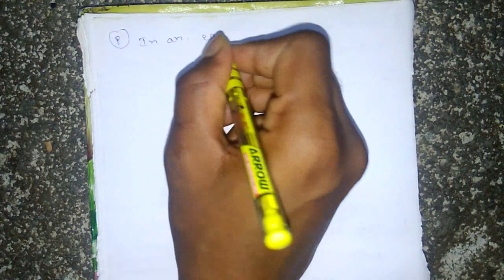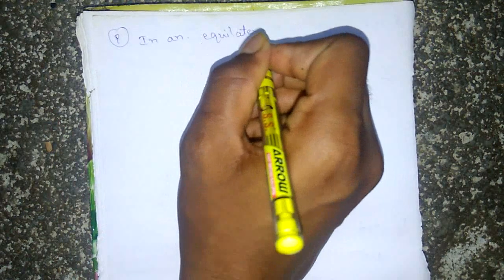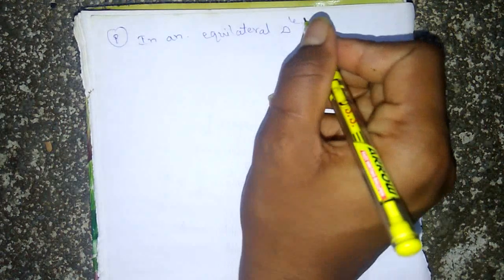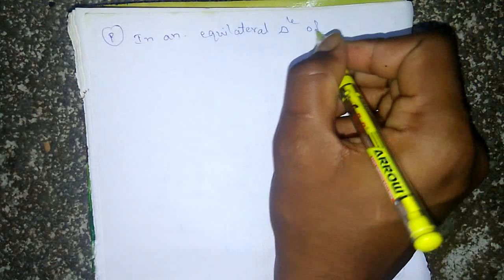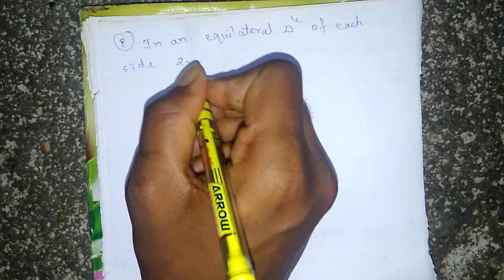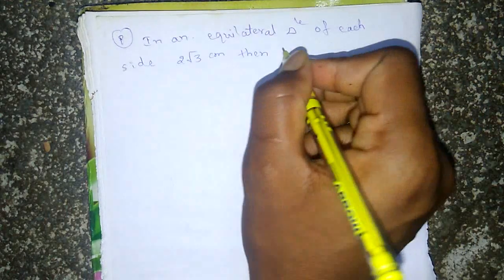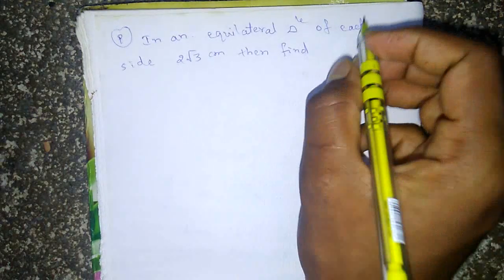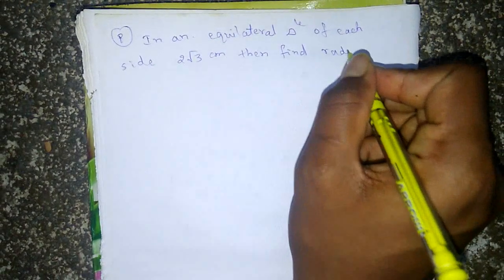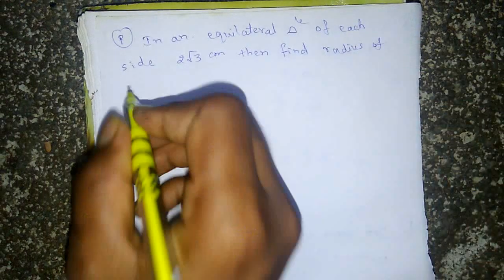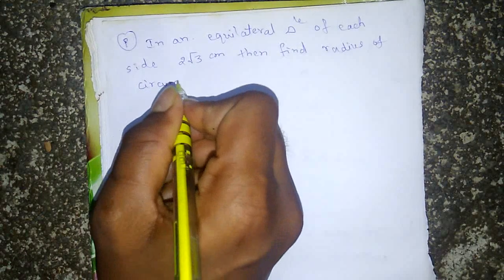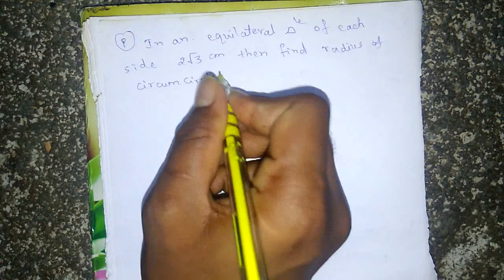Next problem, in an equilateral triangle of each side 2 root 3 centimeter, then find the radius of the circumcircle.